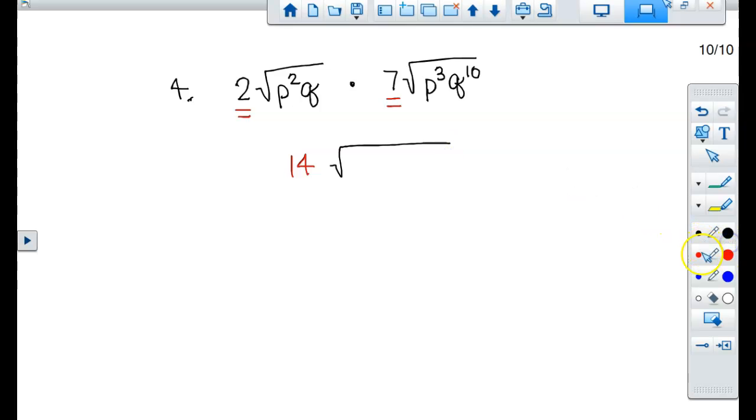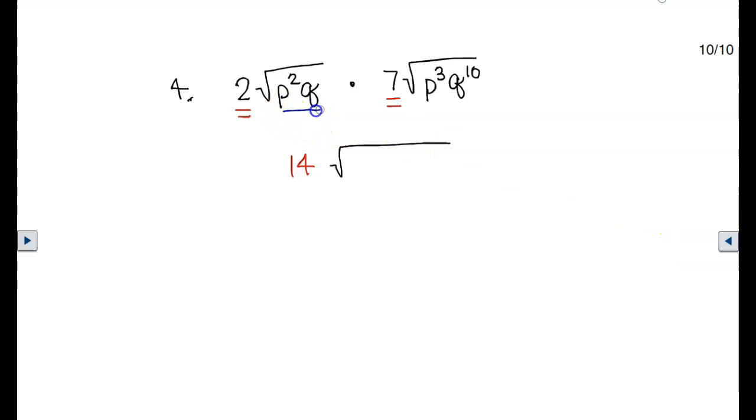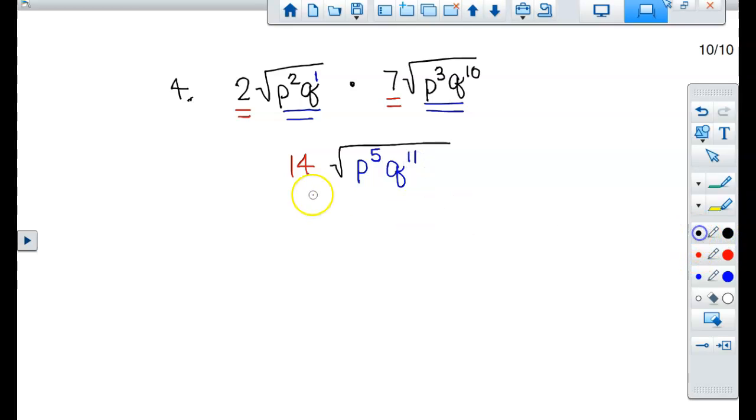Then we multiply inside times inside. P to the 2nd times p to the 3rd, when we add the exponents, gives us p to the 5th. Q to the 1st times q to the 10th, when we add the exponents, will give us q to the 11th. So after we multiply outside times outside and inside times inside, here's what we should have.